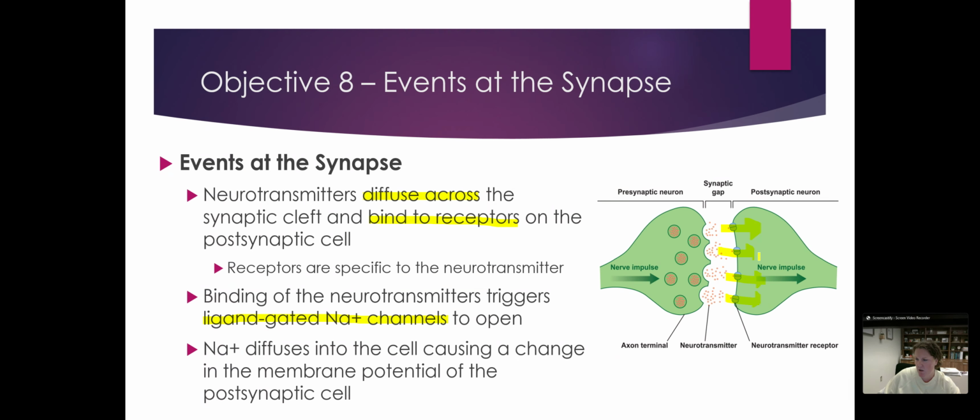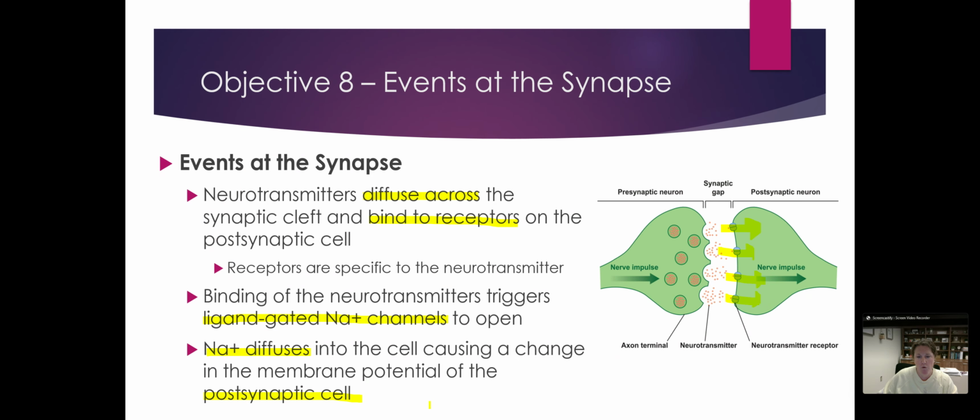When they open, sodium is going to rush in, and when sodium rushes in, that essentially depolarizes the next cell. And remember that depolarization is pretty much the start of that action potential. We have to have a change in voltage and it flips the charge. So when the sodium diffuses in, that is going to change the membrane potential, or that is going to depolarize the next cell or the postsynaptic cell. And that's essentially where you have to stop.